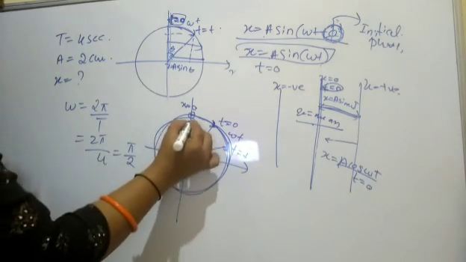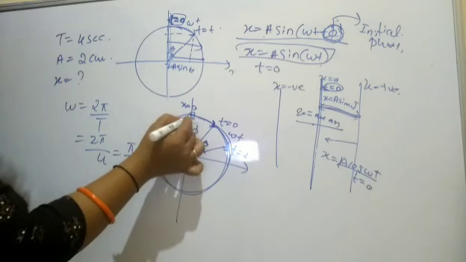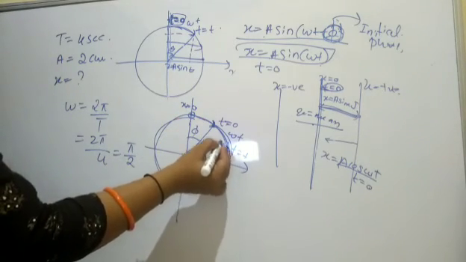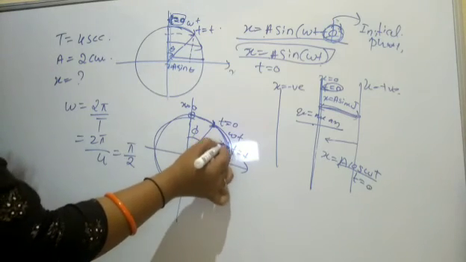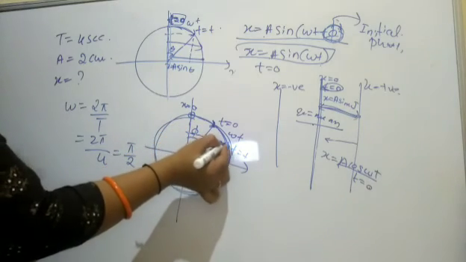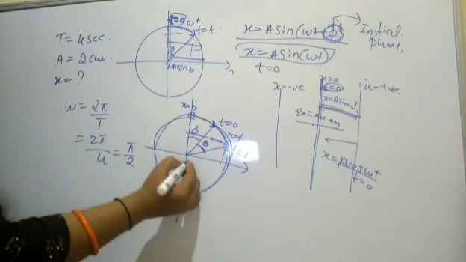Now give the projection about this. The projection is made from where it started the journey, this point. So what is this?